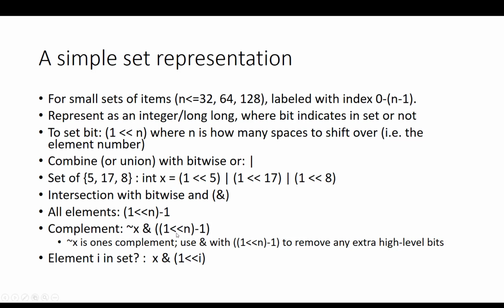So basically you do the bitwise AND between those two things. The reason you have the bitwise AND with the all-elements value is to make sure that you're removing any high-level bits beyond n. If the maximum number of elements you have is n, and remember you're usually limited to n being like 64 or something, then you can use this to remove any of those high-level bits.